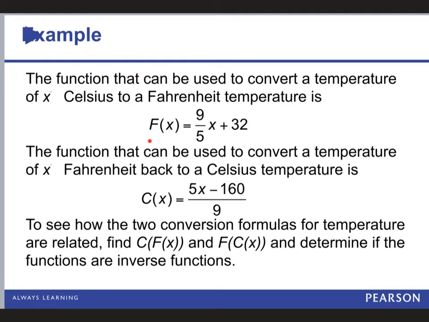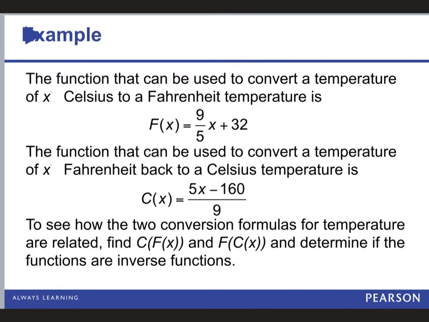So I might want to calculate the Fahrenheit so that I would know whether I need my coat or not. There is a reverse function, where I could take the input as Fahrenheit, and then my output would be the degrees Celsius, and this is this function, c of x.